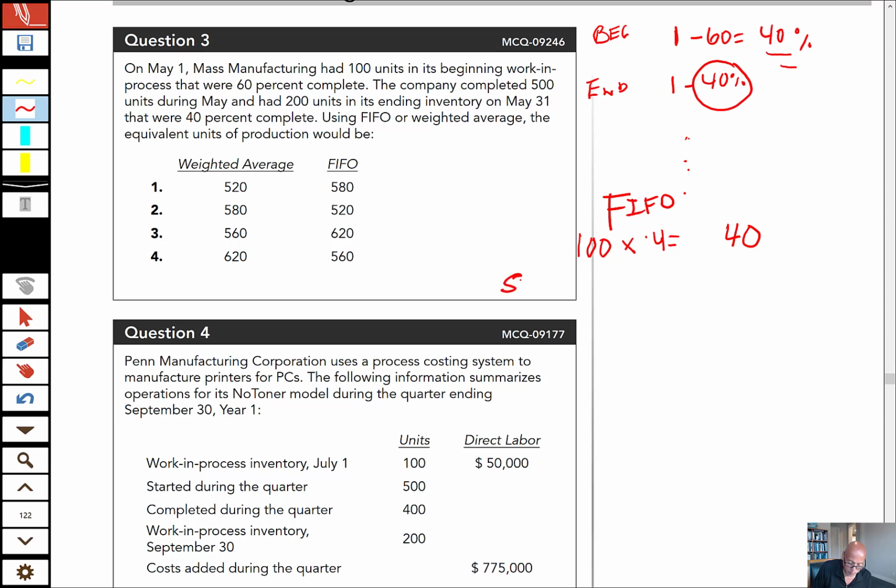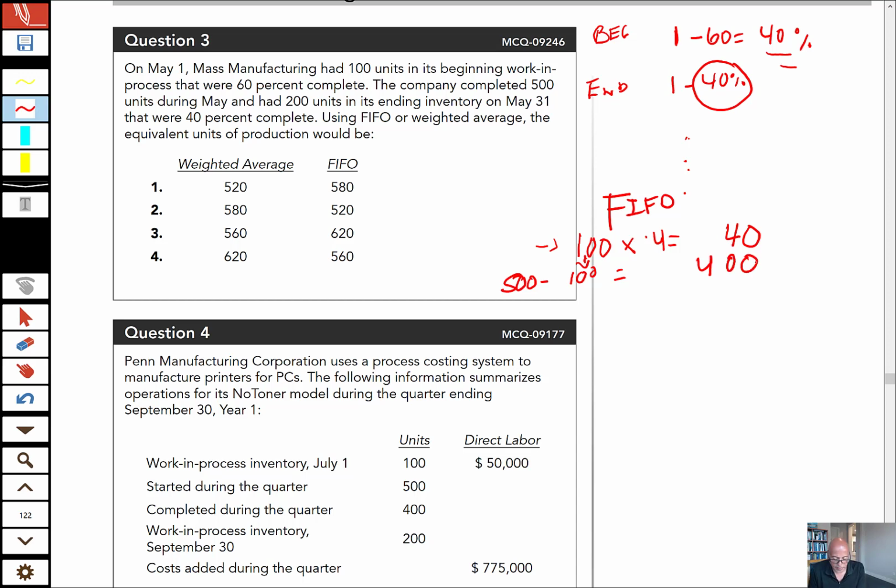But if they completed 500, we've already accounted for those 100 that they had started at the beginning of the year, and they only did 40% of that work now this year. So I've got to subtract that 100. That's that same 100, right? I subtract that. That means that they started and completed a total of 400 units this period.